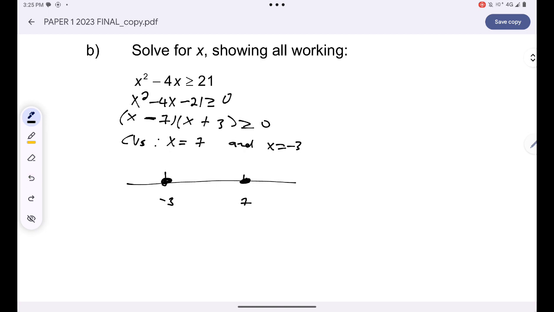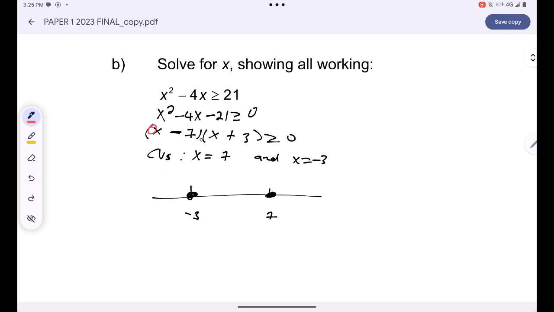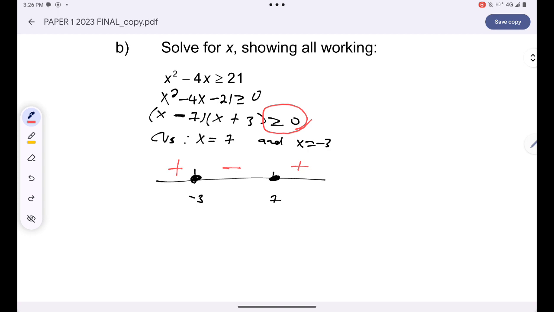Okay, and then now, guys, the coefficients of x inside my factorization brackets both have the same sign. That's how I'll have a positive, a negative, and a positive. Are you together? I'm looking for the values of x that will give me something that is greater or equal to 0. Greater or equal to 0 is positive. Where do I see positive on my number line? On the left of negative 3, and also from the right of 7.